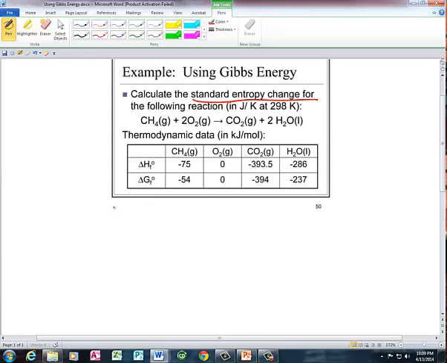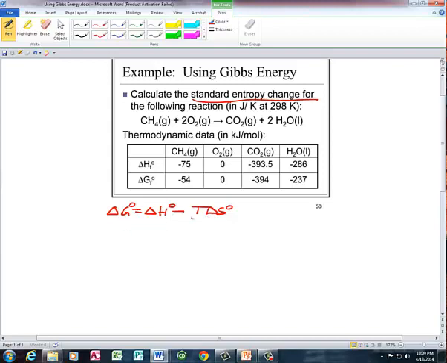First of all, let's remind ourselves that delta G is equal to delta H minus T delta S, an equation you need to know. And we're doing all of this under standard conditions, which is why I put the little zeros up there. They mean standard conditions. Let's go ahead and solve this problem for the delta S.